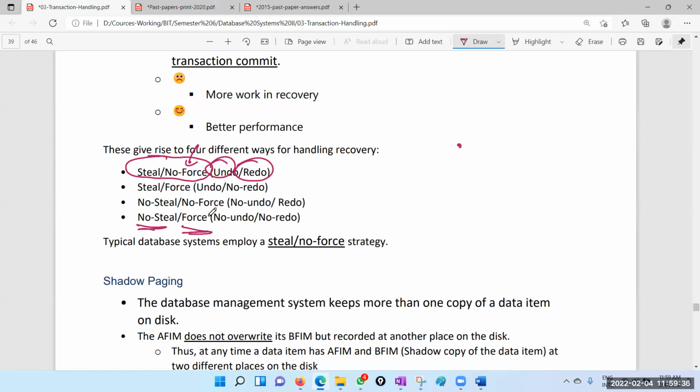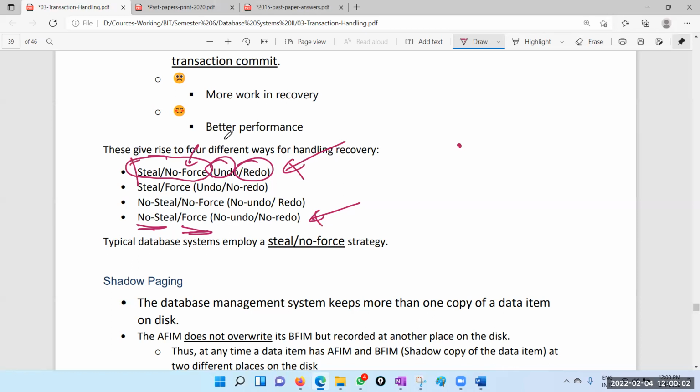We just have to keep track of which transactions are committed and which are not, because there's nothing related to halfway transactions, because halfway transactions are definitely not done, and all the fully committed transactions are 100% done. So this is the easiest scenario to recover, but the other is the most challenging scenario to recover.